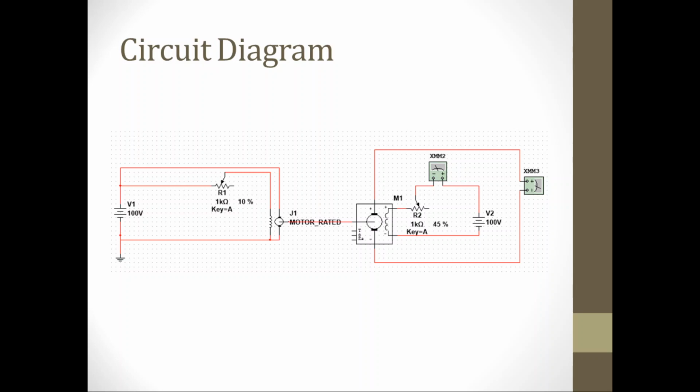For the purpose of the experiment using Multisim, we'll be using the separately excited generator, in order to identify the relationship between the excitation current and the output voltage of a given DC generator.